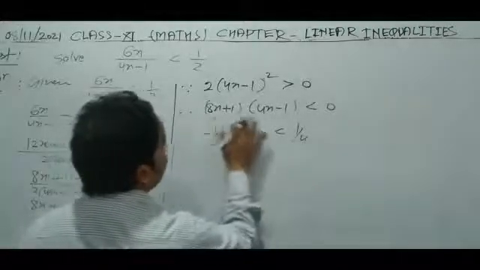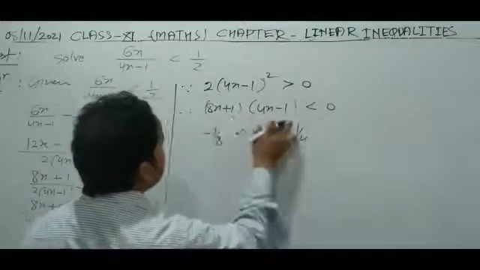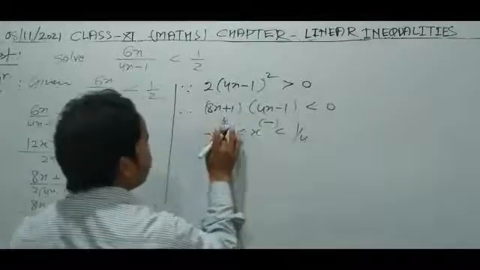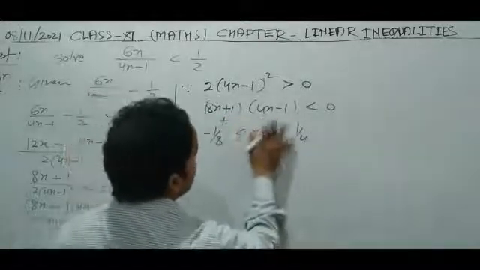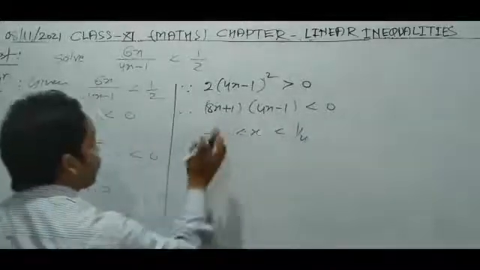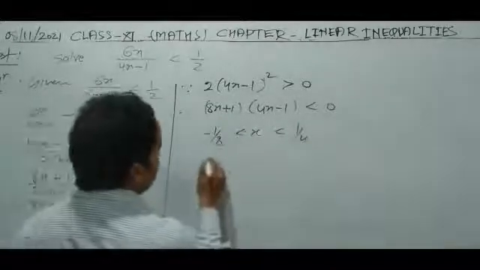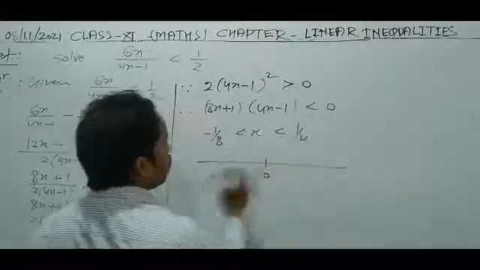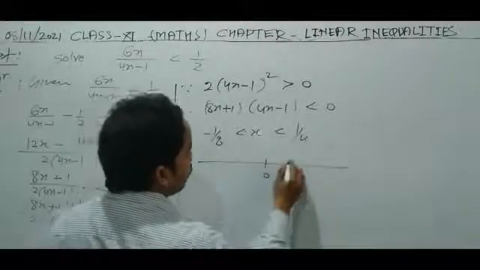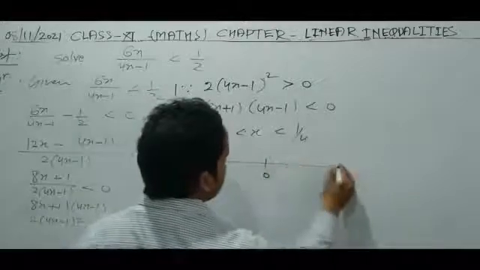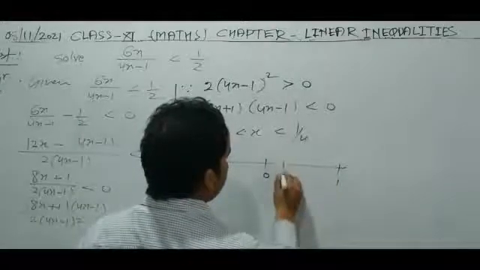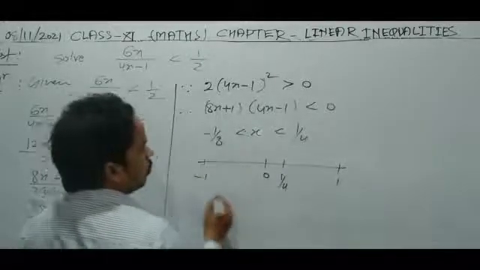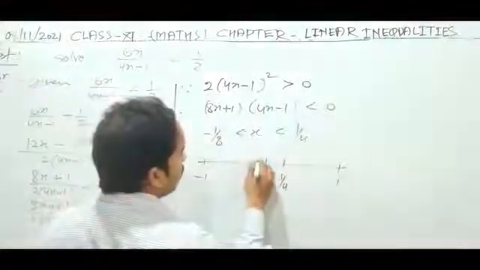So the product of two terms is negative. So this will be positive, this will be negative. If you take this as positive, negative, then this will be positive. After calculation you will see a number line, this is 0 and this is 1 by 4. Minus 1 by 8 will be here.